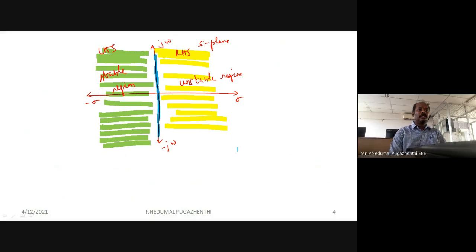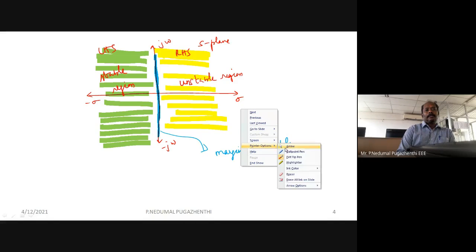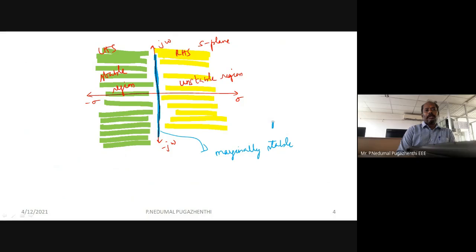Exactly the j omega axis. That is called the marginally stable region. So what this diagram provides you as information is, let me use a proper color.